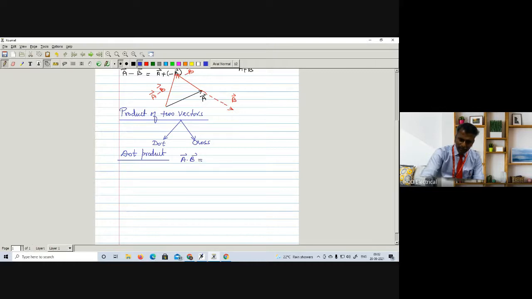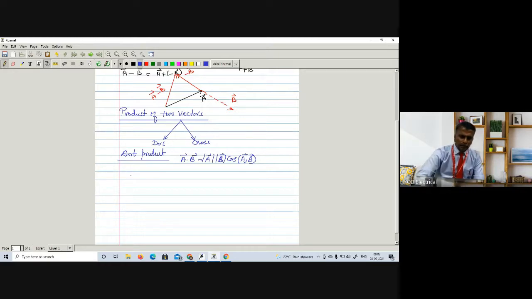A vector dot b vector equals the magnitude of a vector, times the magnitude of b vector, times the cos of the angle between a vector and b vector. This is the product of these two vectors, right?